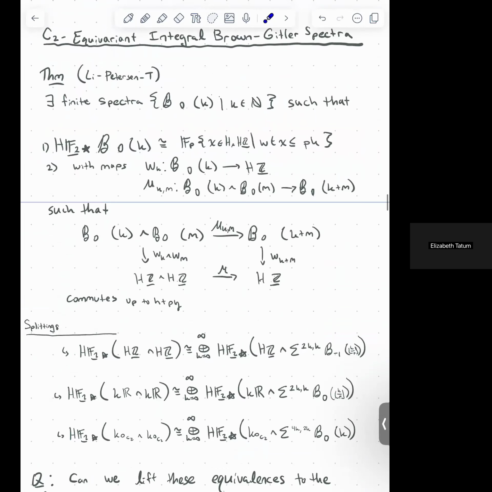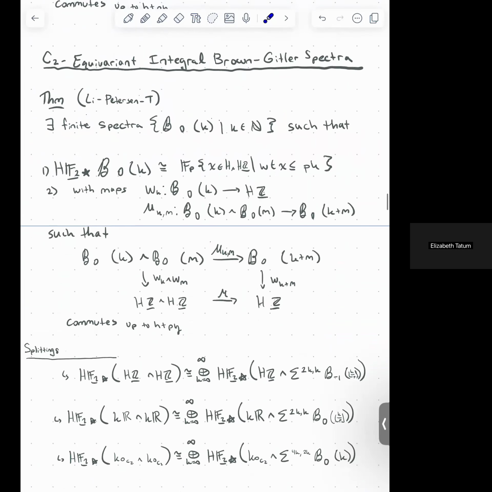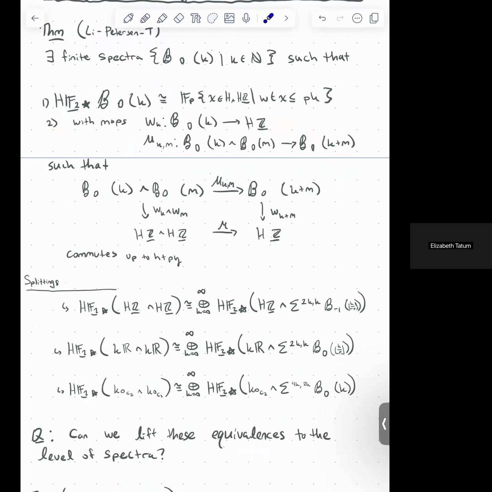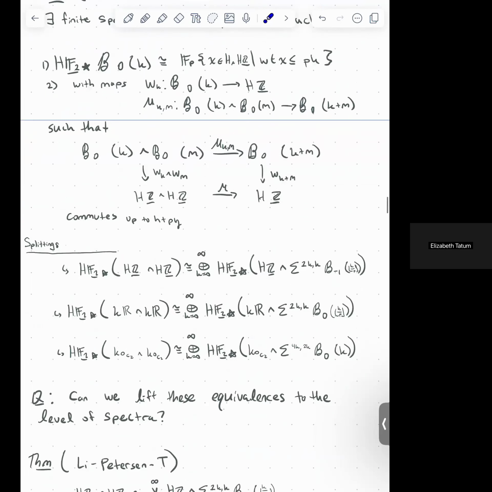Okay, then what about splittings? It's pretty straightforward to check that on the level of this HF2 star homology, you get the splittings that you're looking for: HC smash HC, KR smash KR, KOC2 smash KOC2. Then what's a little trickier is to figure out whether we can lift these equivalences to the level of spectra.